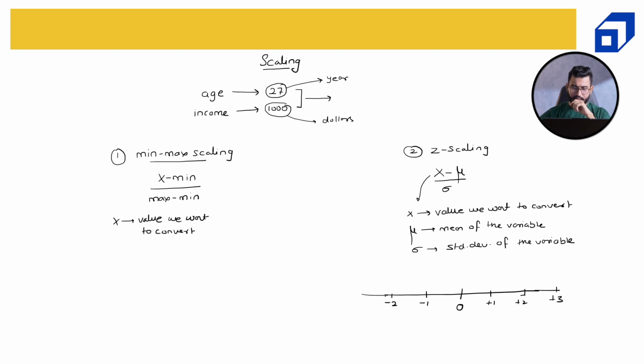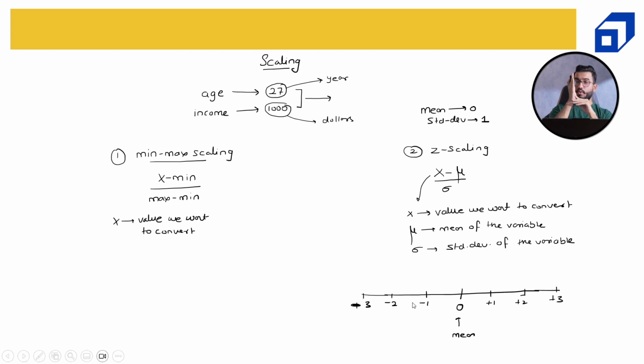What are these values? These are known as my standard deviation. This is my mean. So standardization or Z scaling will convert your data in such a way that now the data is having a mean of 0 and the standard deviation of 1.